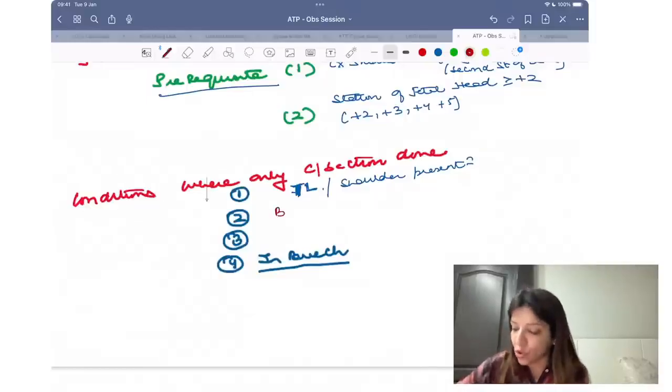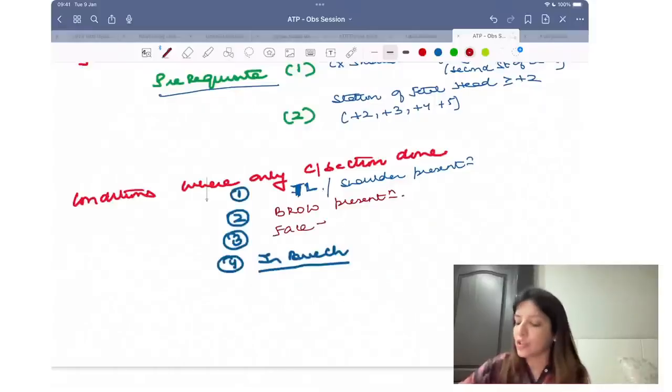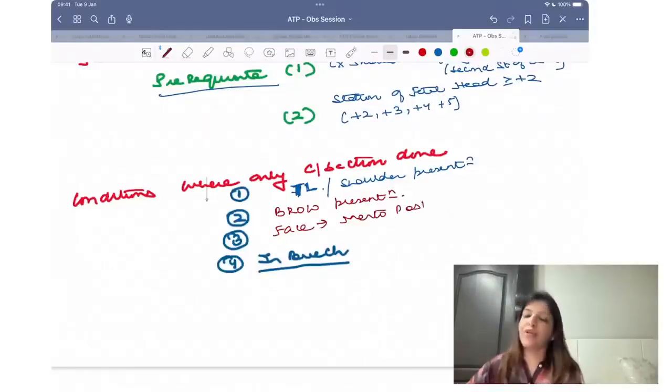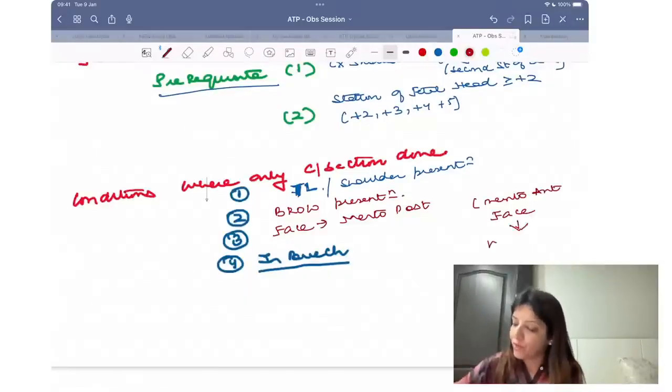Then in case of brow presentation, then in case of face, in mento posterior face presentation, in mento anterior face presentation, vaginal delivery can be done.